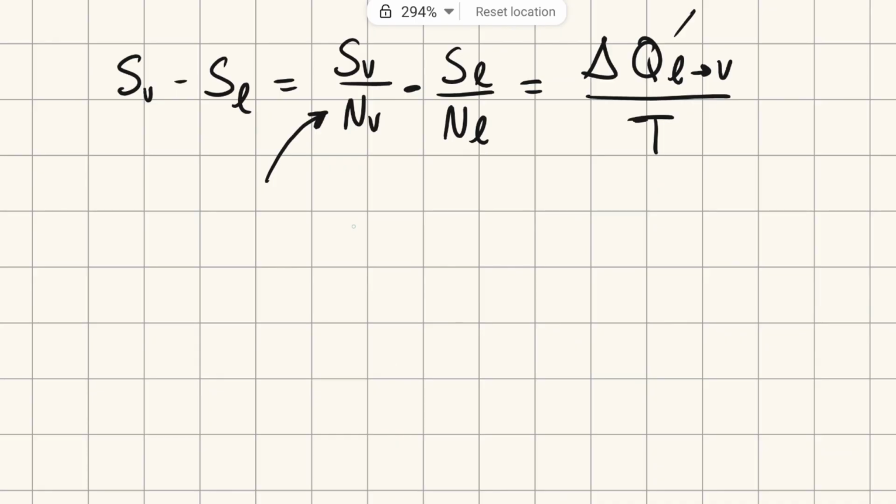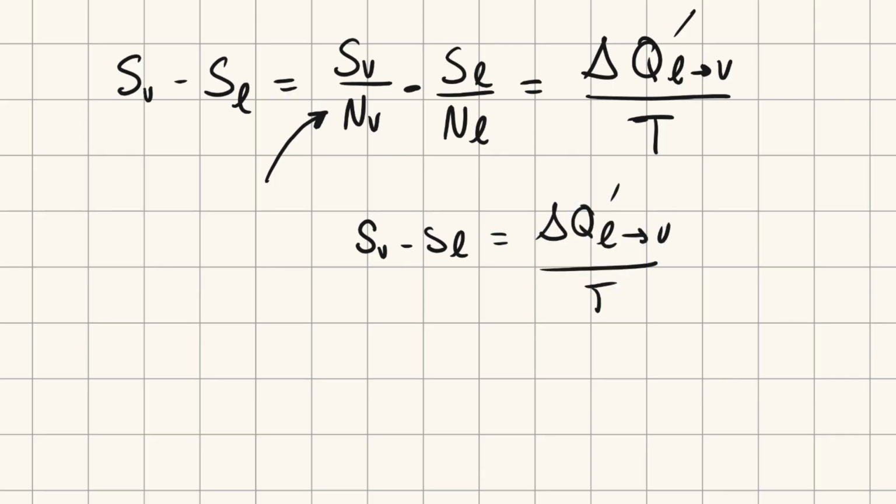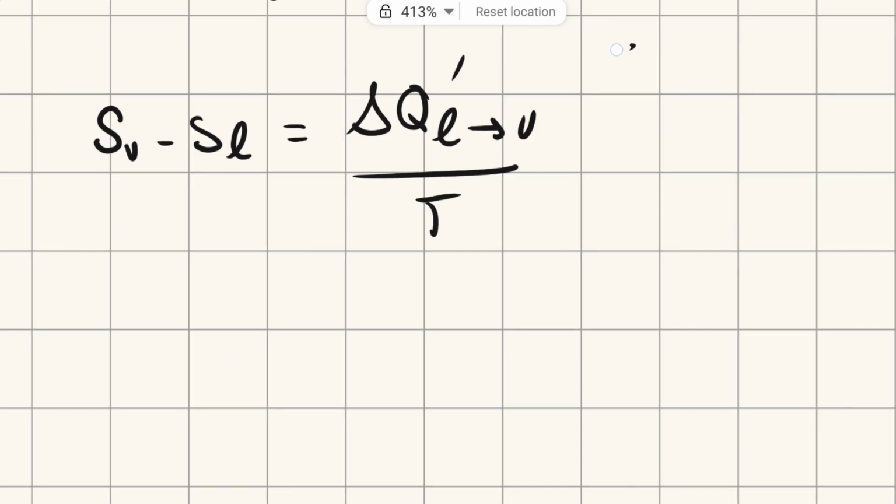That means that this quantity, little s_V minus little s_L, is telling us the amount of heat necessary to transform a mole or a particle of the liquid into the vapor phase, but just per unit of molecule.